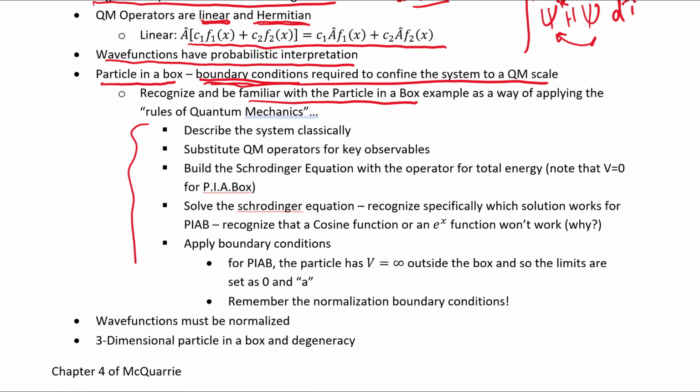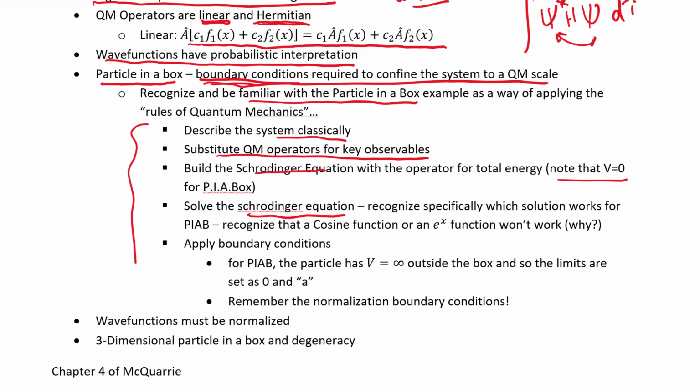Again, describe the system classically. I don't mind repeating myself a little bit here. Substitute in the quantum mechanical operators. Build that Schrödinger equation, making sure that we know that, arbitrarily, the potential energy of the particle is 0 inside that box. We solve that Schrödinger equation, and we recognize specifically which solution works.